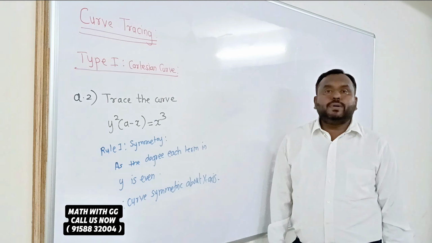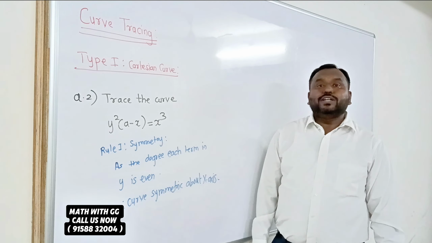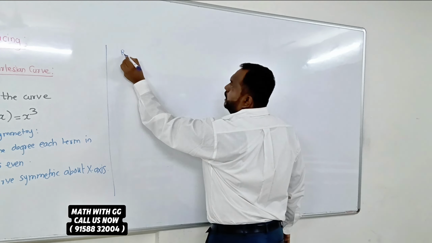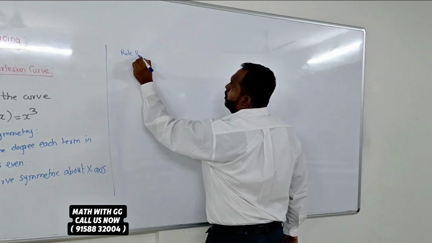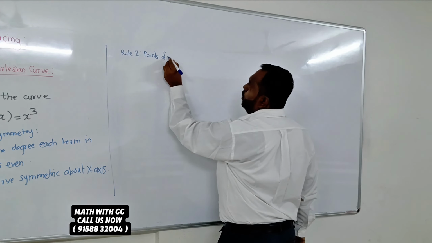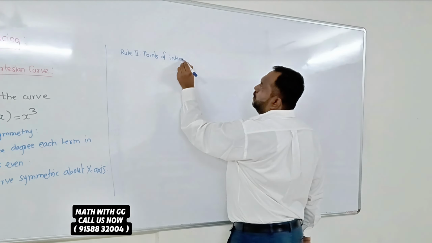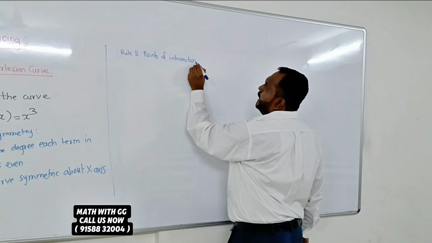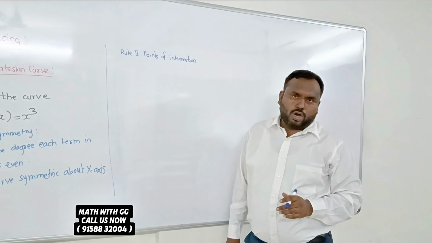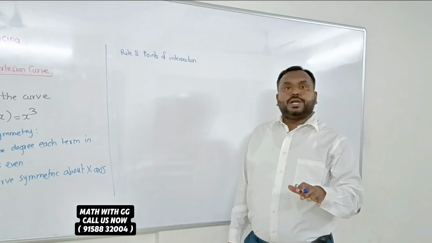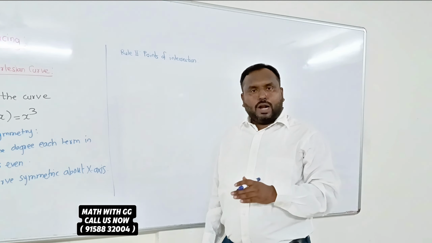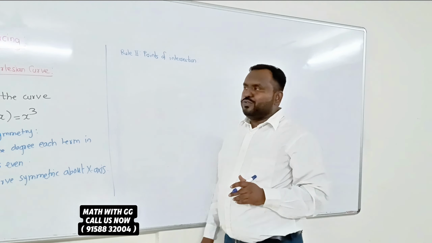Now, rule number 2 is about points of intersection. In this rule, we first check whether the curve passes through the origin or not. If possible, try to express y explicitly as a function of x, or x explicitly as a function of y.